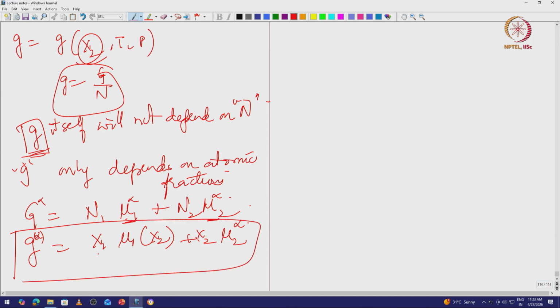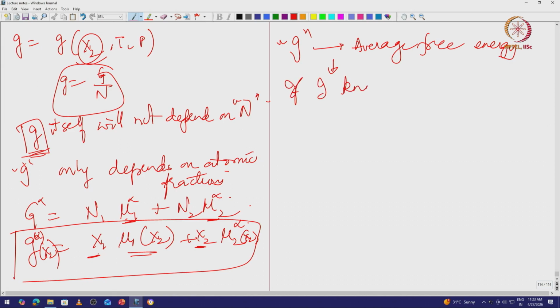Okay. So, G of x2, G just depends on x2, of course temperature and pressure, but at any given temperature and pressure, G of x2 is x1 times mu1 of x2 plus x2 times mu2 of x2. Okay. So, I will know G, which is the average free energy, if I know the composition x1 or x2 and the chemical potentials of species 1 and species 2, right.